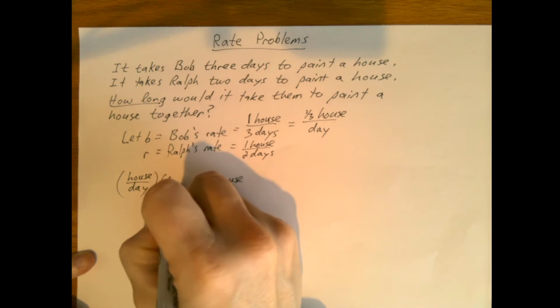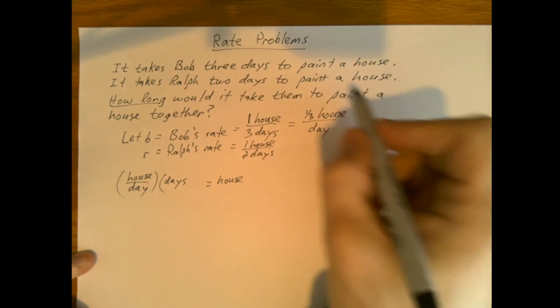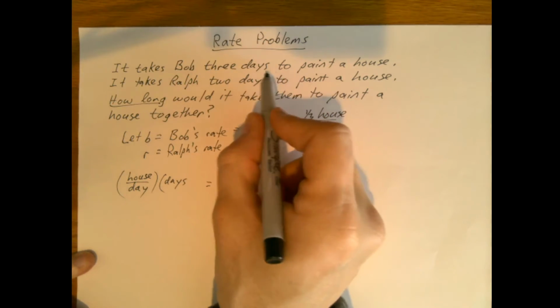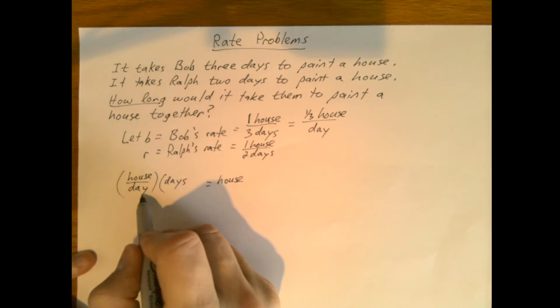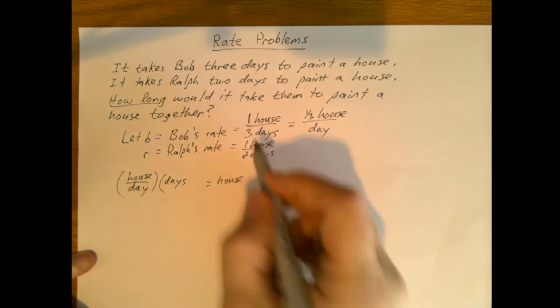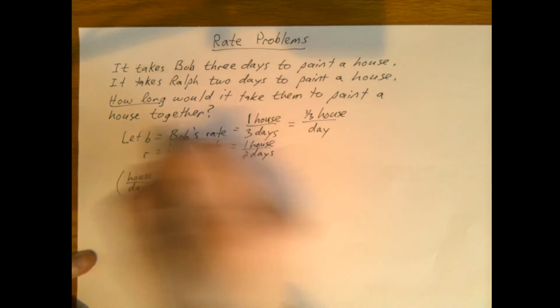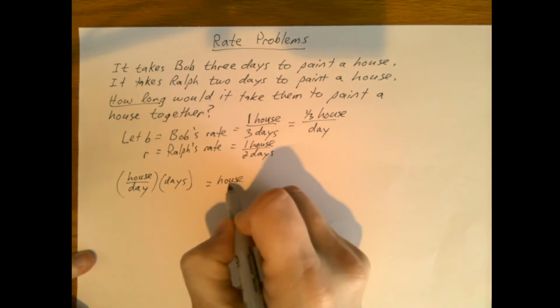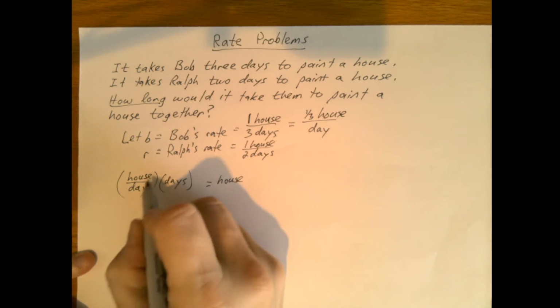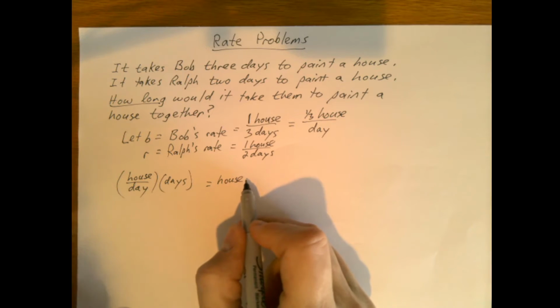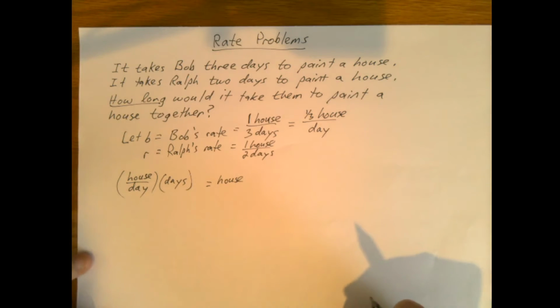In days. So we have a rate, 3 days to paint a house, so number of houses per day. How long, this is in days, would it take them to paint a house? That's the number of houses painted. Because remember, we could cancel out the days, leaving house over here and house over here. So this would be for one person.